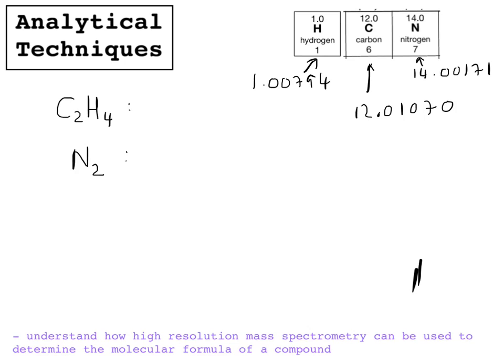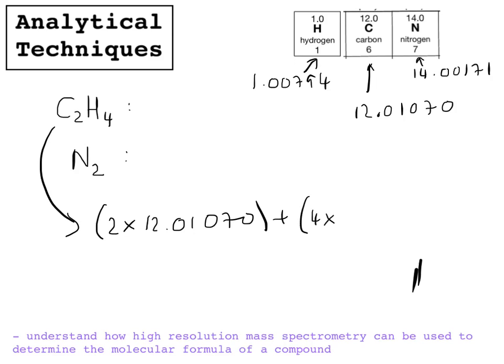So for ethene, we get 2 times 12.01070 plus 4 times 1.00794, and that gives us an answer of 28.05316.